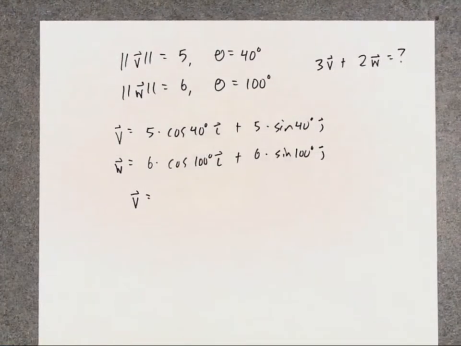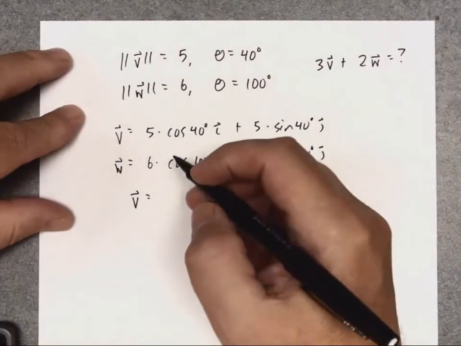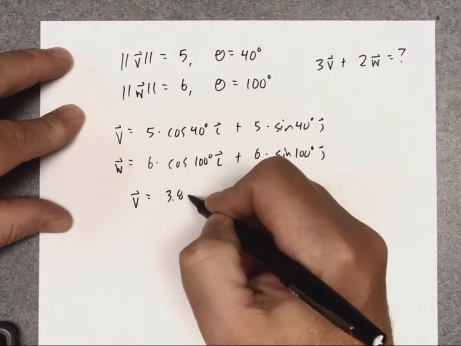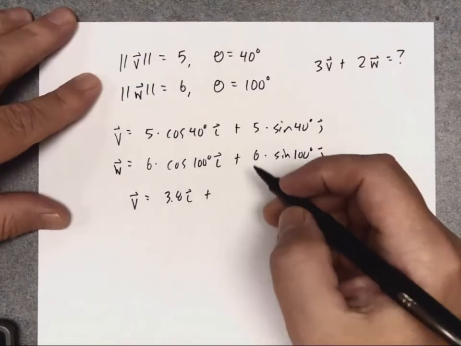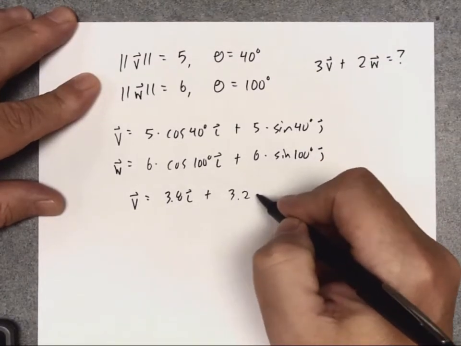So now you grab your calculator, make sure it's in degrees. So 40 degrees cosine times 5 equals 3.8i. And then 40 degrees sine times 5 equals 3.2j.